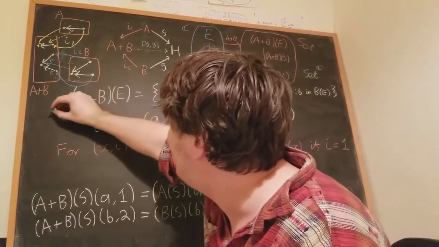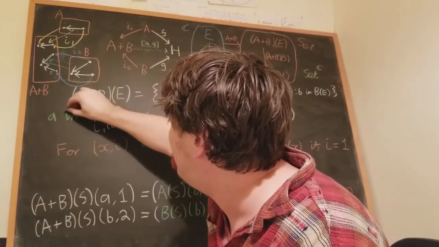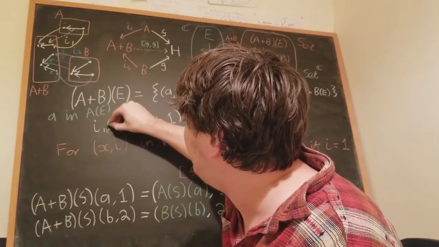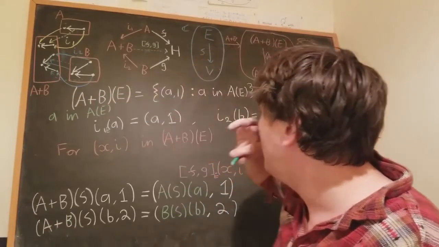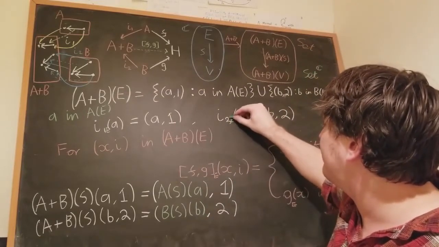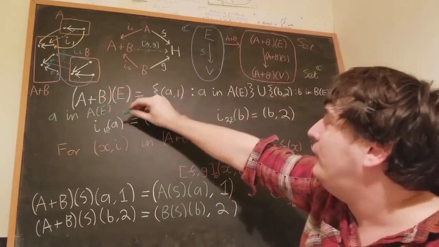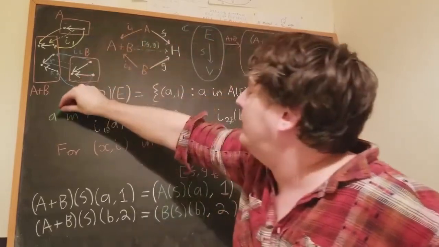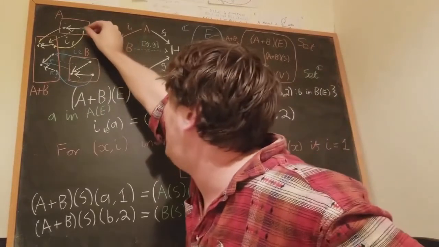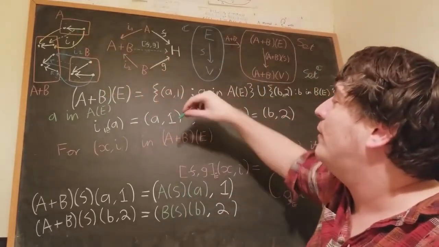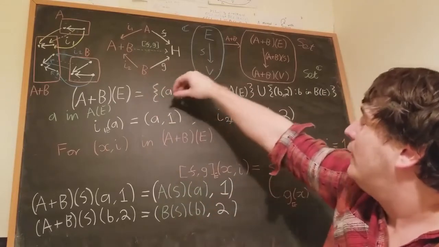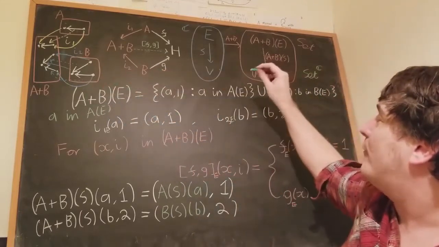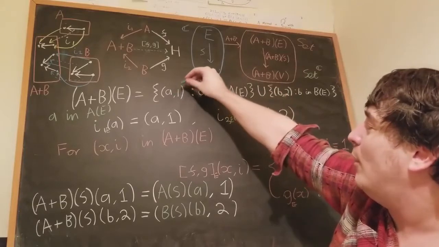Let's say we have a in A of E. Well, then the Eth component of I1 is going to send this E-type element little a to (a, 1), because this is the collection of E-type elements of A plus B that came from capital A, the stuff with a 1 on the end.